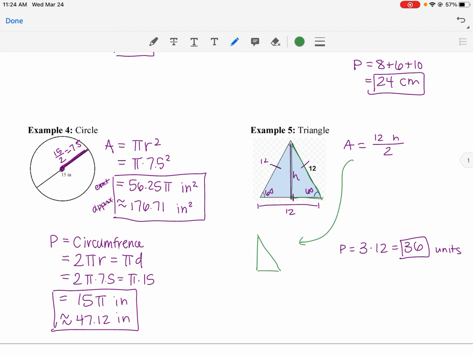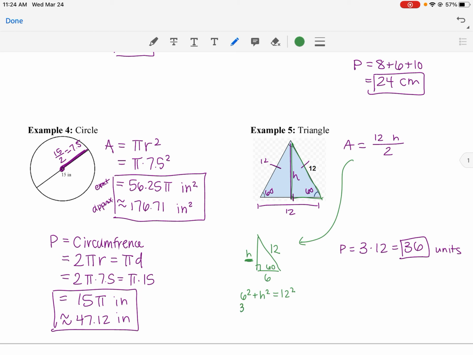So notice, if I look at this triangle, this is 60. If this is 12, and that line splits it down the middle, 12 divided by 2 means this side is 6. So it's up to you. There's a couple different ways, but I need to somehow solve for this h. I could use the Pythagorean theorem: 6 squared plus h squared equals 12 squared.